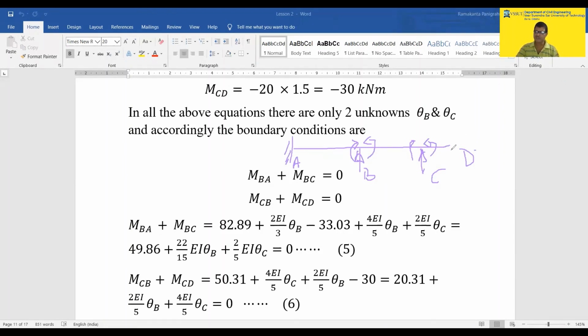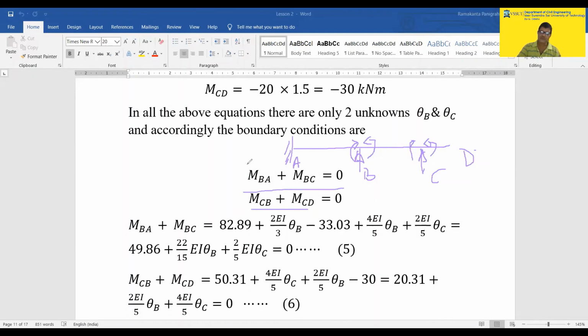So overhanging, it is not a span. Though it is a span, it is not a continuous span with the supports. So there is no support moment at the end. So this has been transferred to this support. So MCD plus MCB is equal to 0, and here MBA plus MBC is equal to 0.